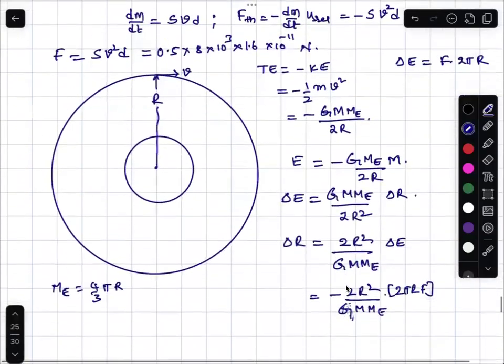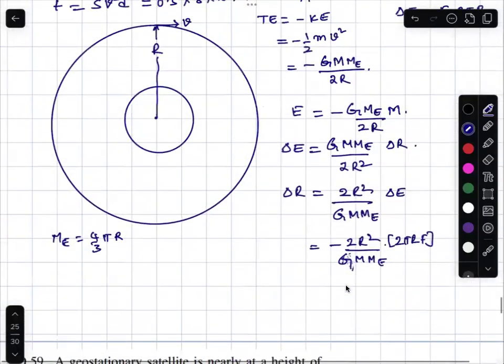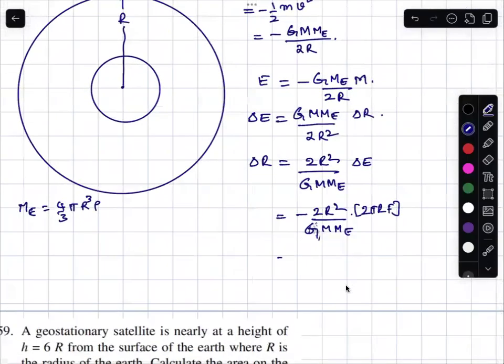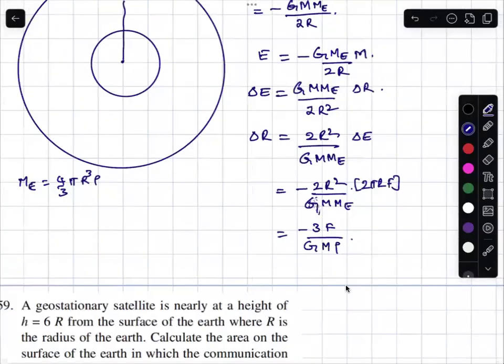So therefore, almost 4 by 3 pi R cube rho. I will substitute that over here. So this will become minus 3 F by G into M into rho. That is the expression for change in radius.